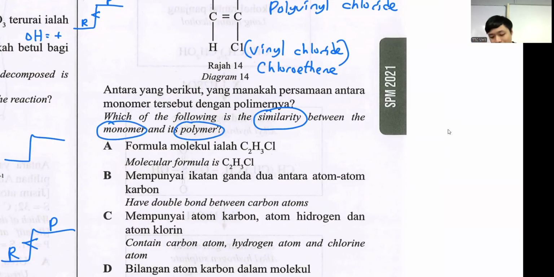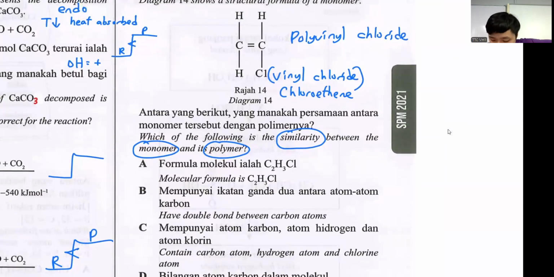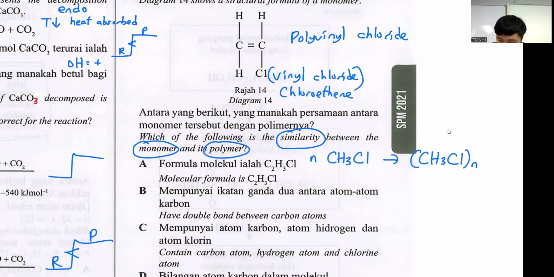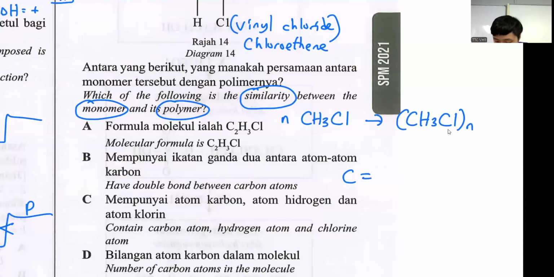Which of the following is a similarity between the monomer and polymer? Now, in this case, what happens is n amount of the monomer added together, you will get a lot of it, the polymer. The structure has a double bond. I draw for you, this is how you draw the monomer.